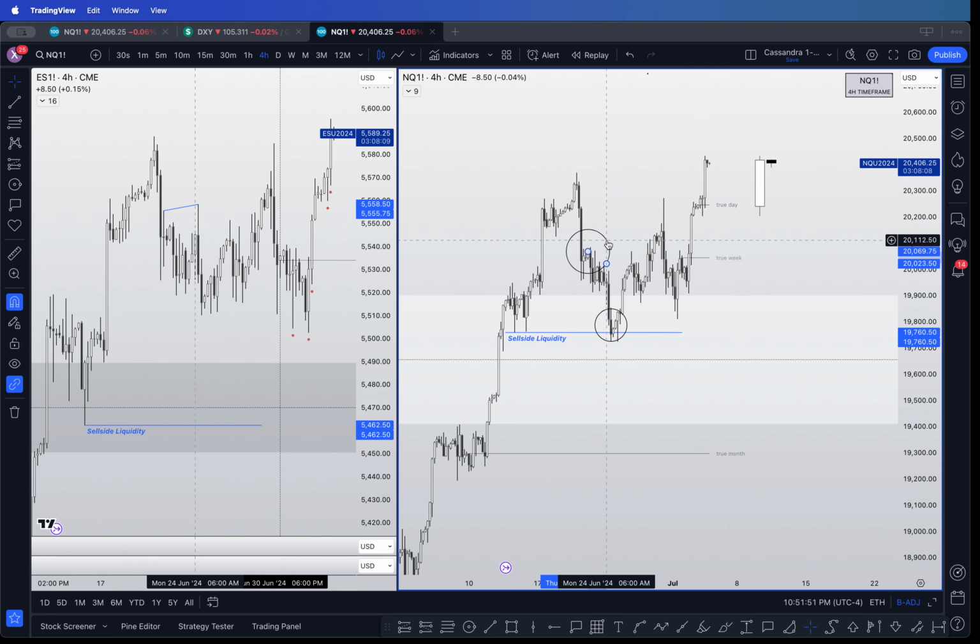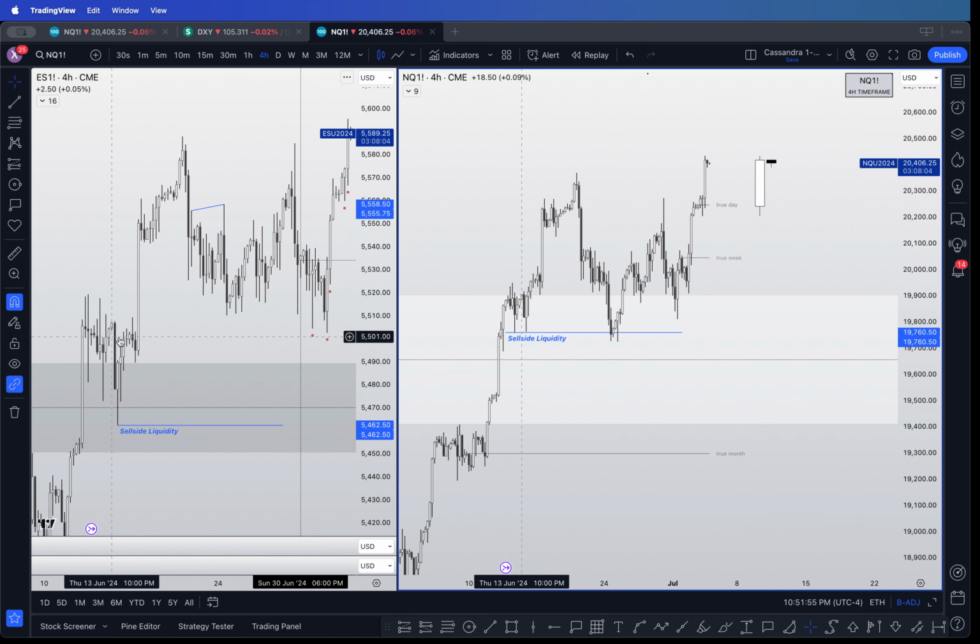Now we're blending lectures. Remember the PD array matrix? Gabriel, what is the unmitigated PD array in this price leg? There's one that my eye goes to. Gabriel? Nice. This one, right? You can clearly see that we were trading into this fair value gap.